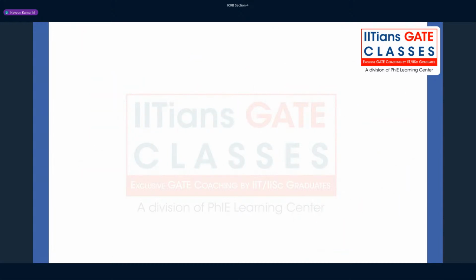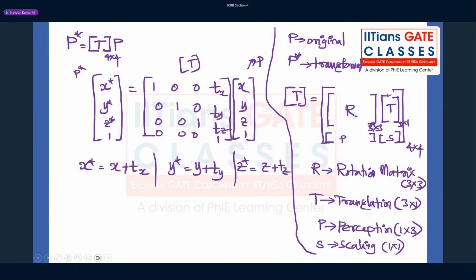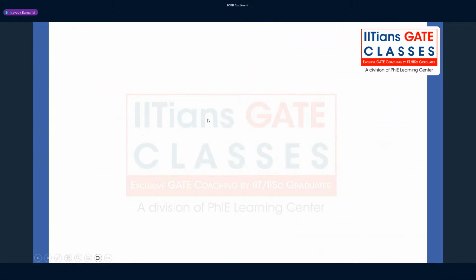And next is rotation, right? So rotation is R. This R can have 3 different matrices: rotational matrix along R theta x, R theta y, R theta z. So it will have different sine theta, cos theta, sin theta, all these things will be there.